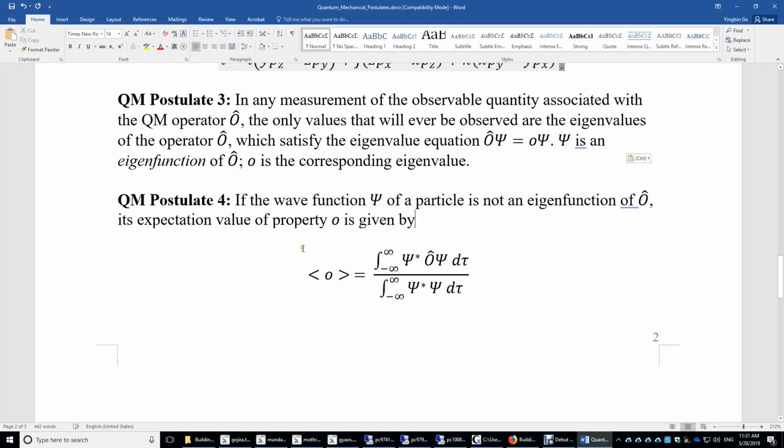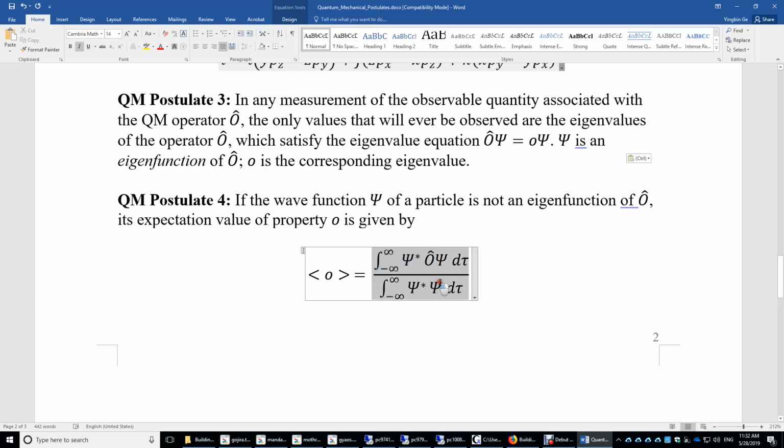So the more general equation is this. The expectation value of this property O, for example, the position, can be obtained by evaluating two integrals, one on top, one on the bottom. If you look at the bottom, it's simply the integral of the probability density. On top, it's similar, but you have to insert this operator O between the complex conjugate of psi and the wave function psi. Again, you evaluate these two integrals, and then we do a division.